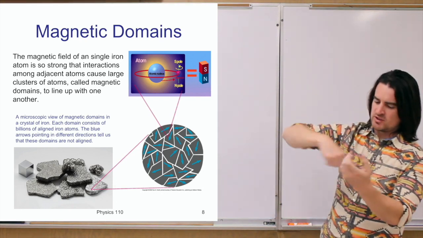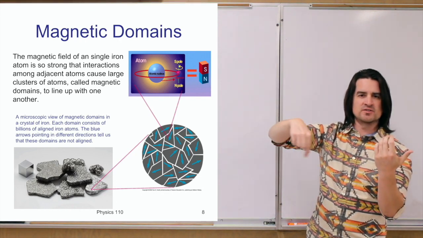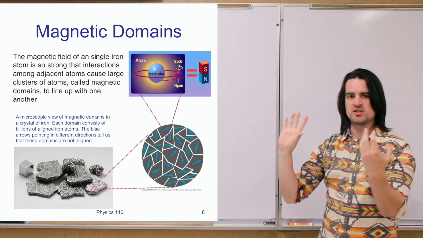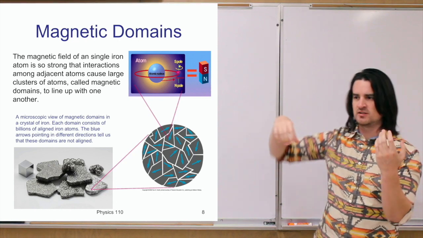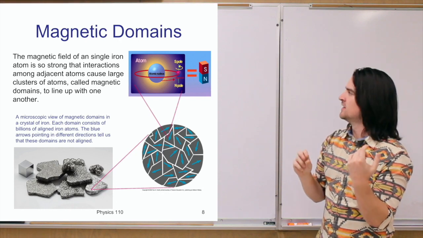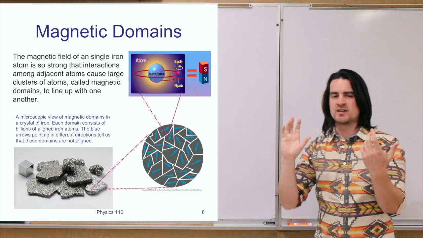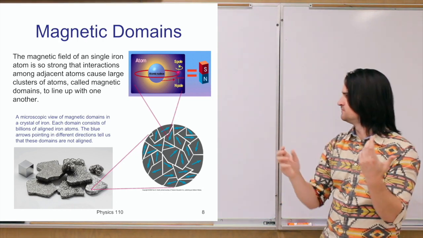It turns out, however, that as I said before, the electron itself is in a sense spinning around its own axis. Just like the Earth is also spinning around its own axis, the electron spins around its own axis as it goes around the nucleus. And it turns out that that spin is actually mostly where the magnetic field is generated from.